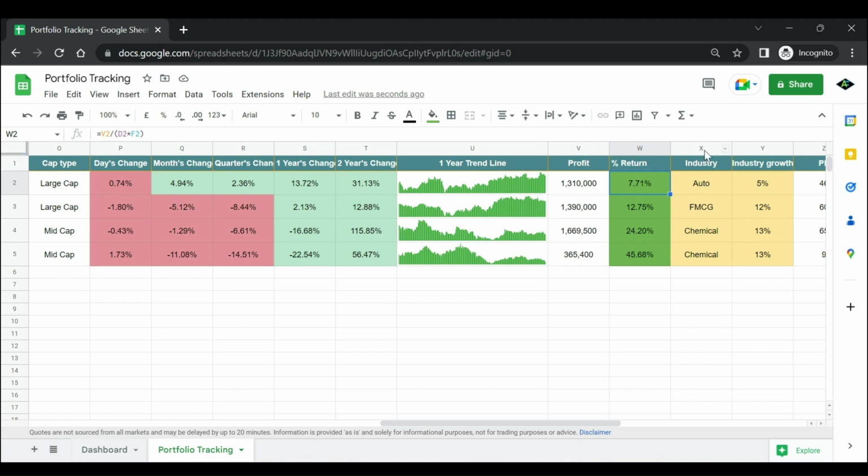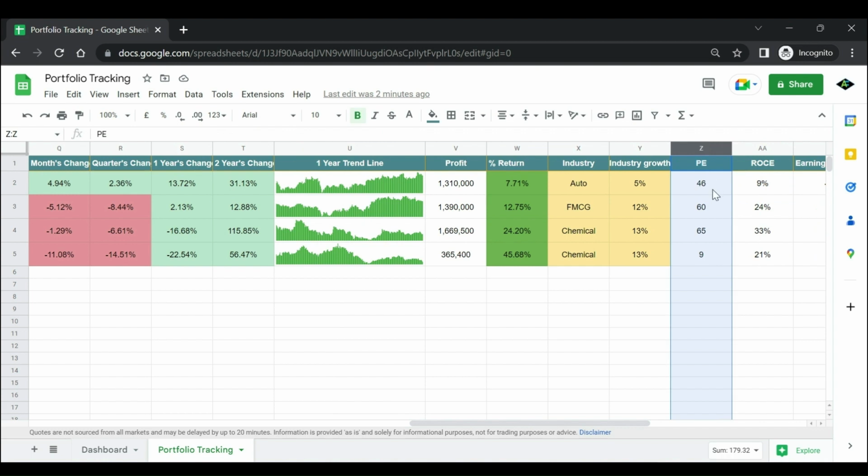Column X mentions the industry which the stock belongs to and the expected industry growth for that particular stock. So you can compare the growth of the price of the stock with the industry growth as well. Also, the earnings growth of the stock with the industry growth.